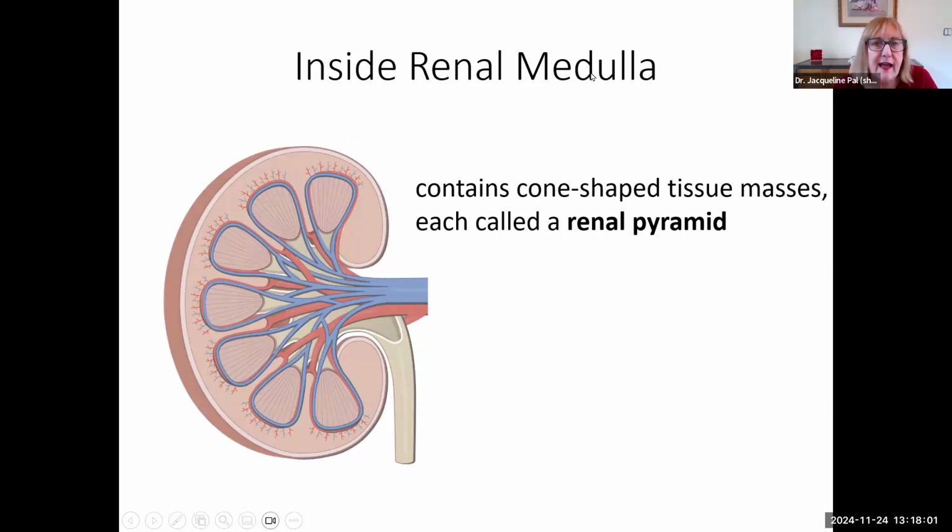Looking at the renal medulla in more detail, as I said previously, it contains these cone-shaped tissue masses. If you think of a triangle in 3D, that's a pyramid. So each one of these is called a renal pyramid.